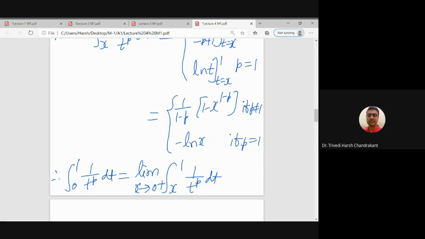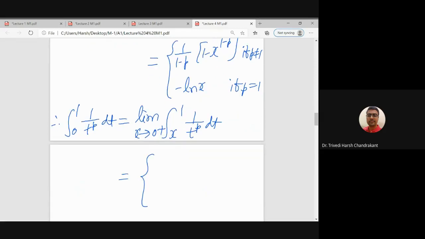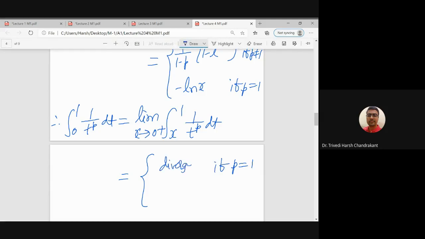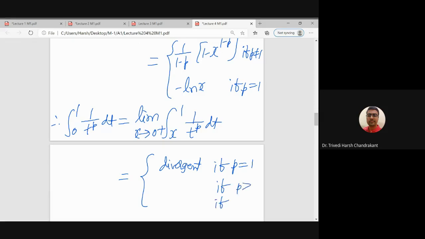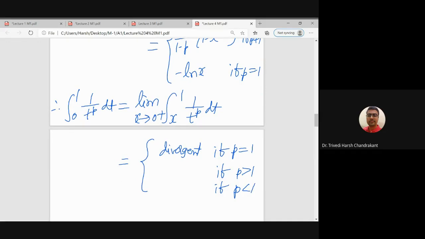So basically we'll find the limit in both these cases, p equal to 1 and p not equal to 1. If p is 1, it is divergent. Then for p not equal to 1, there are two cases, p greater than 1 and p less than 1.